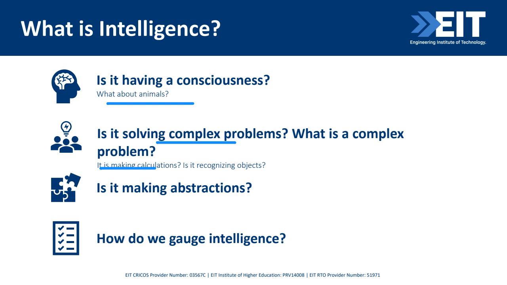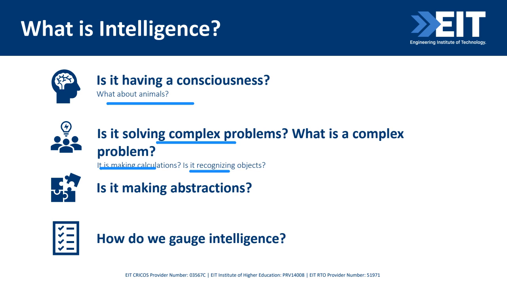So it's not really easy to say if intelligence is about solving complex problems, in particular, defining what is a complex problem. Is a complex problem recognizing objects? Like I take a picture of a car and recognize that this is a car and recognize the model of this car. Well, for us humans, it is very easy to do.